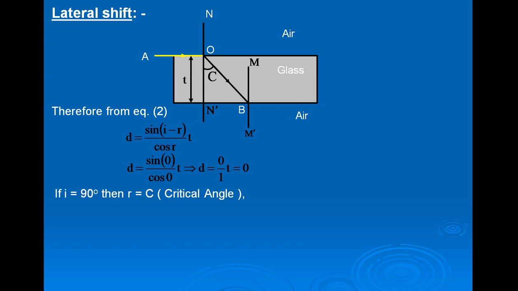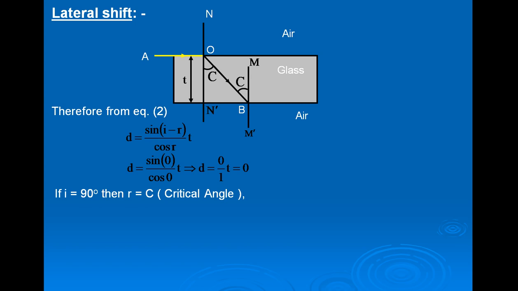Again, the opposite faces of the glass slab are parallel. Therefore, the normals NN' and MM' must be parallel. Therefore, the refracted ray makes an angle C with the normal MM' because the alternate angles are equal.